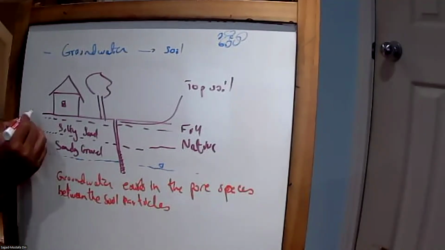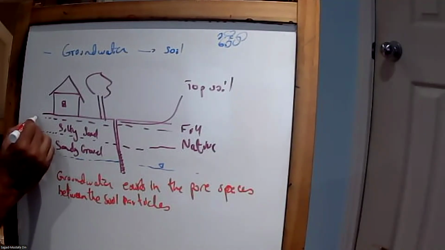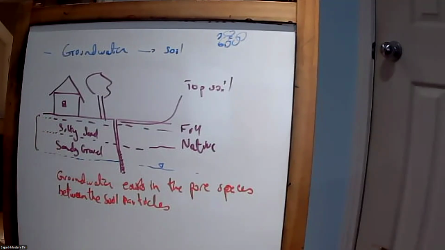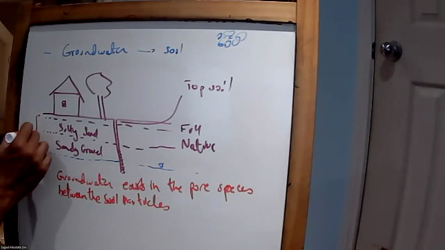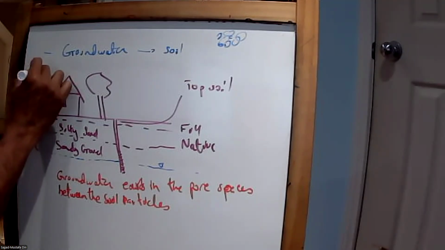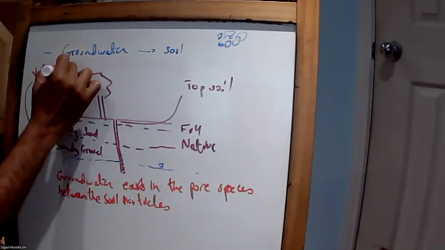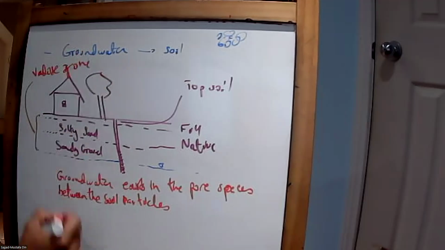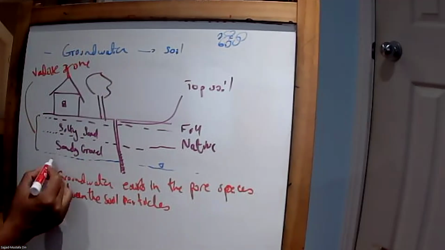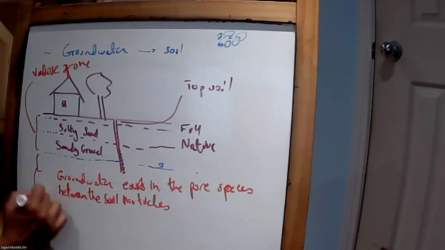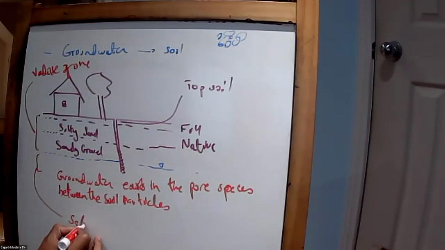Now, the soil that's above the water table is known as the vadose zone. Whereas the soil beneath that is going to be known as the saturated zone.